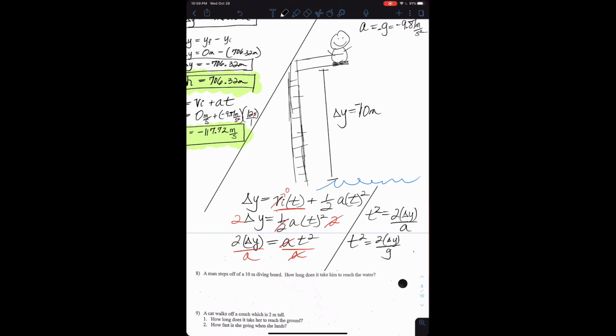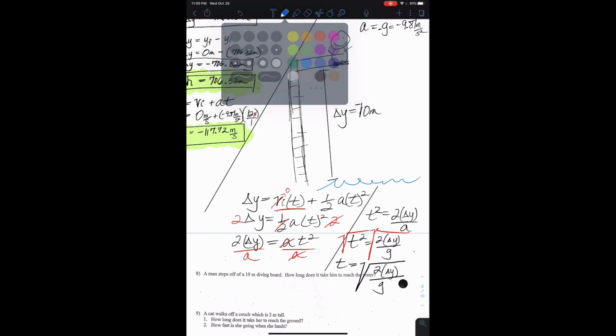Square root both sides. Now you might say, well, this problem's a lot easier, Mr. Rodriguez, if you just put numbers in right away. And you'd be right. But it's sometimes cool and beneficial to solve in terms of the other variables.